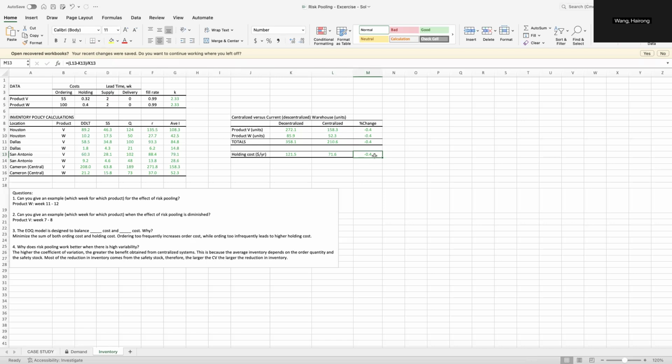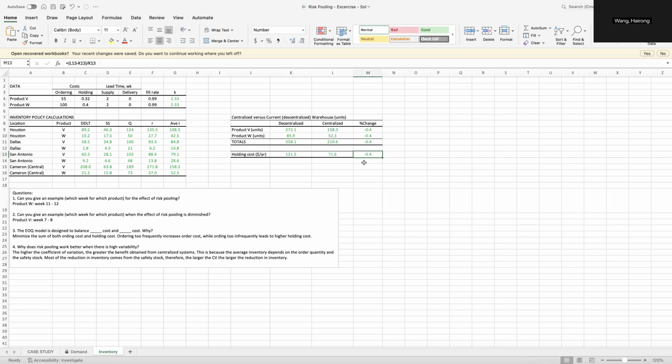So we calculate the percentage change for holding cost: the centralized holding cost minus the decentralized holding cost divided by the decentralized holding cost. Then we can get the percentage change here.